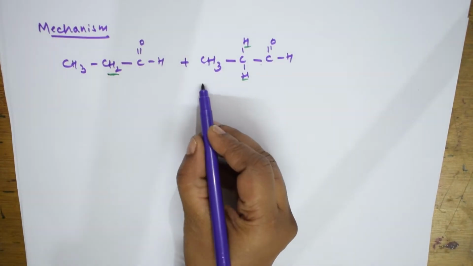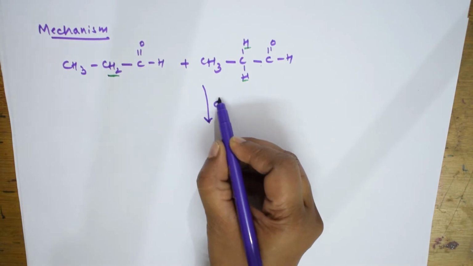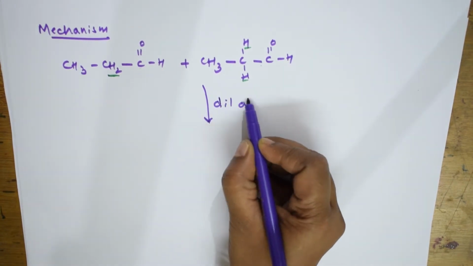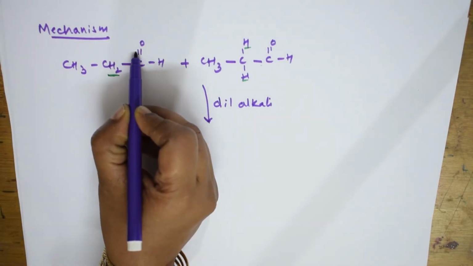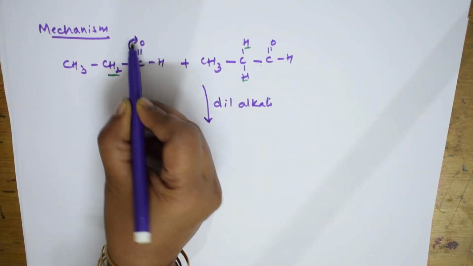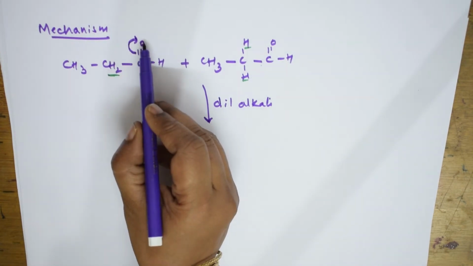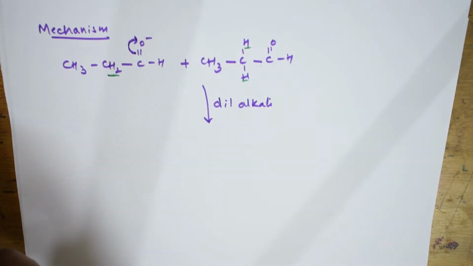Here I'm going to take, in the presence of a dilute alkali, right? Dilute alkali. Done, students? Yes. So when you do this, the first important thing, just see here, is the shift of the double bond. When the double bond shifts here, this becomes minus, correct?